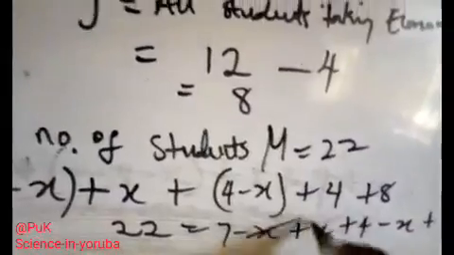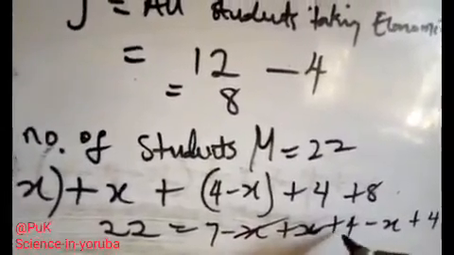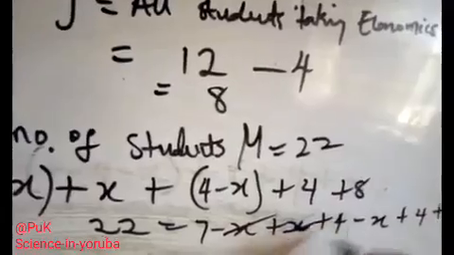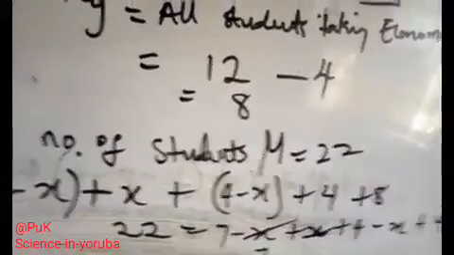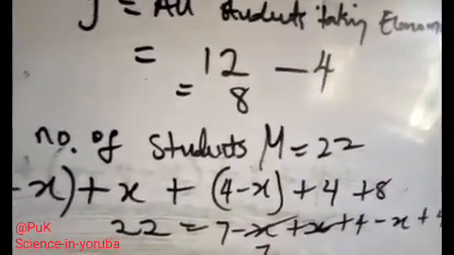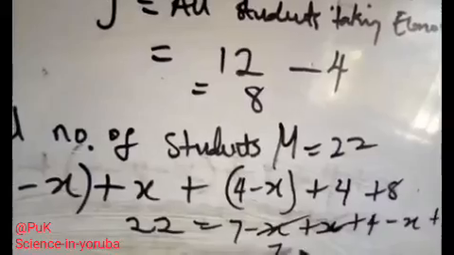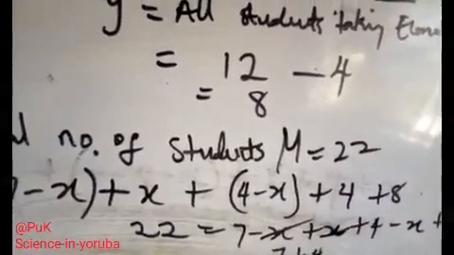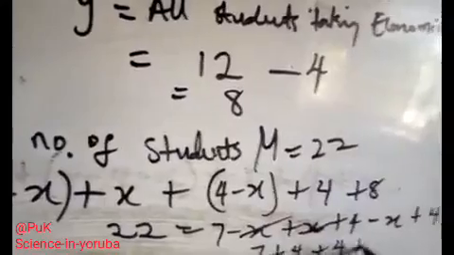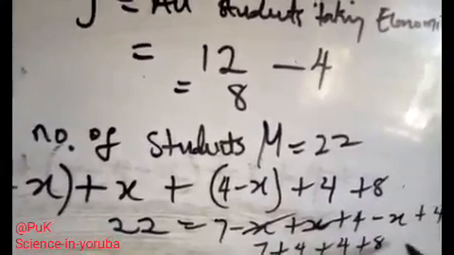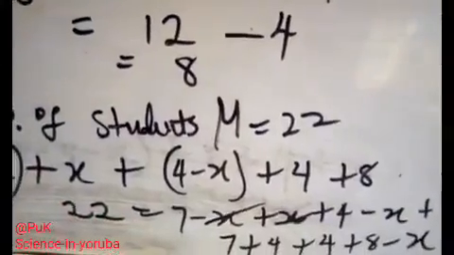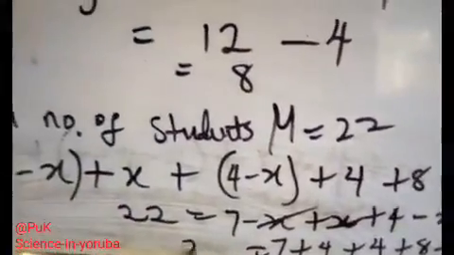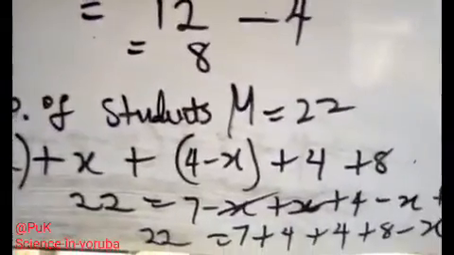The x cancels, so we have 7 plus 4 plus 8 minus x, equal to 22.